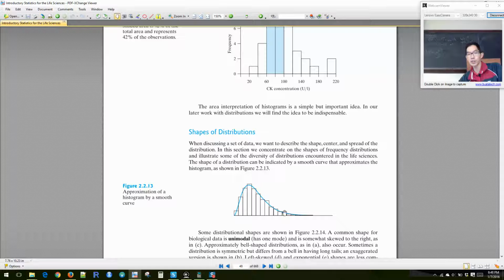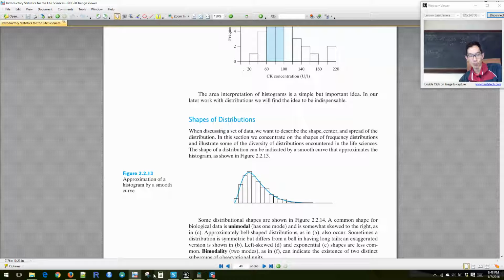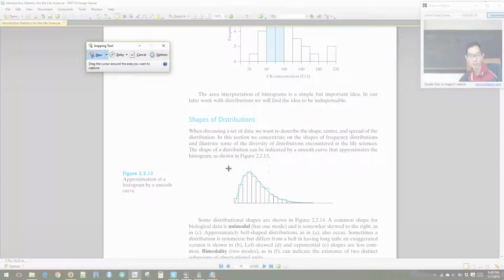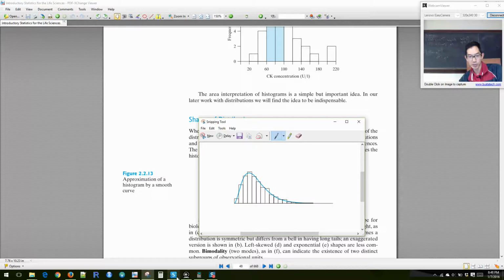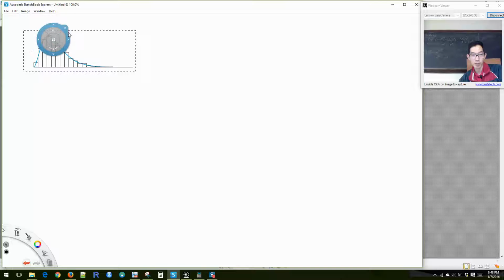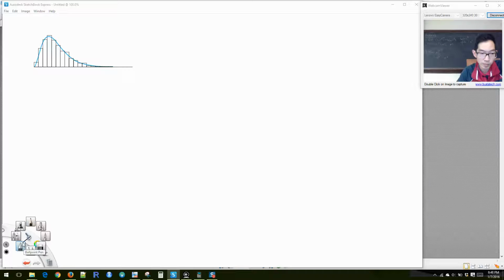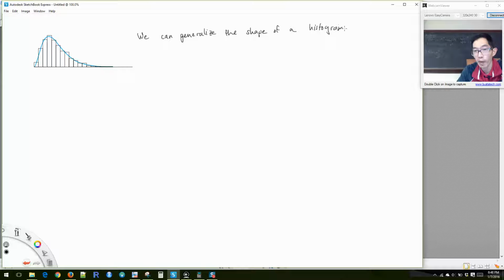You can imagine a histogram, and we can generalize the shape of a histogram with a nice smooth curve.